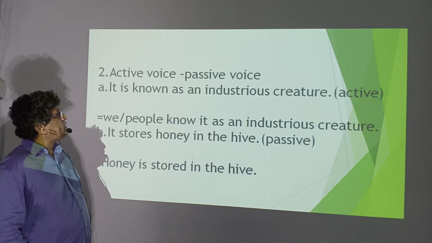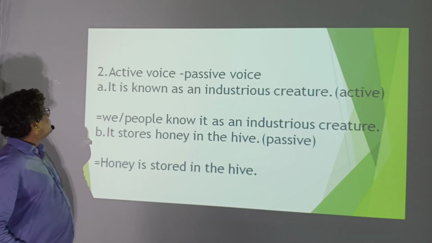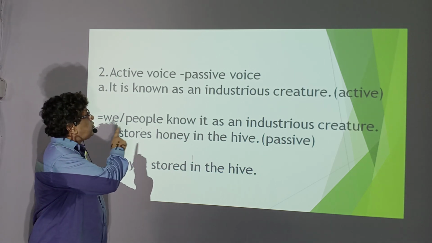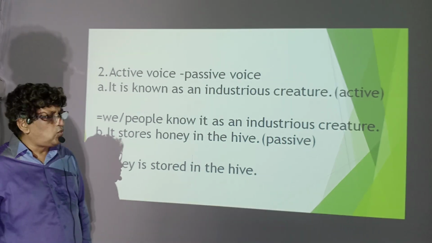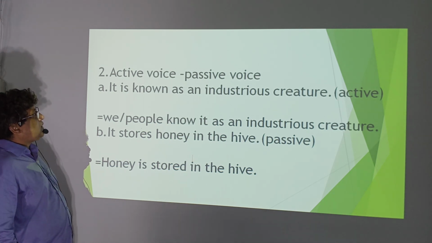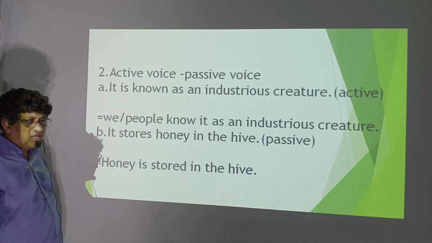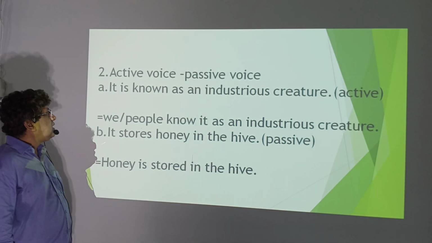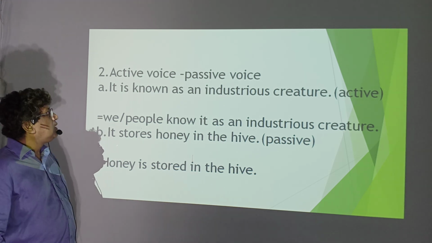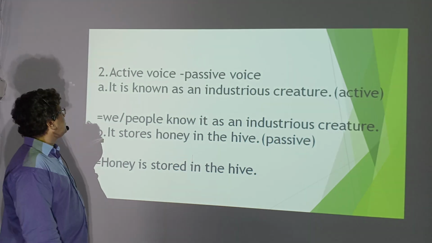Passive voice is a little bit less used. So, when we transform active voice into a passive one, we should be careful about the placement of the auxiliary verb and the use of the past participle form.